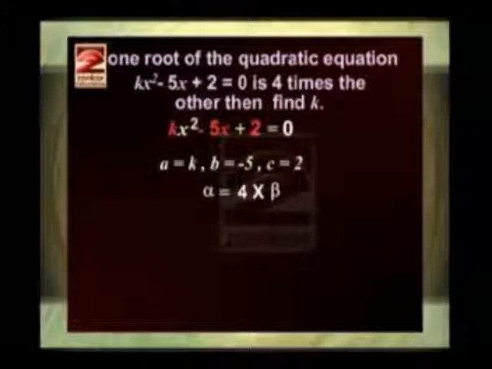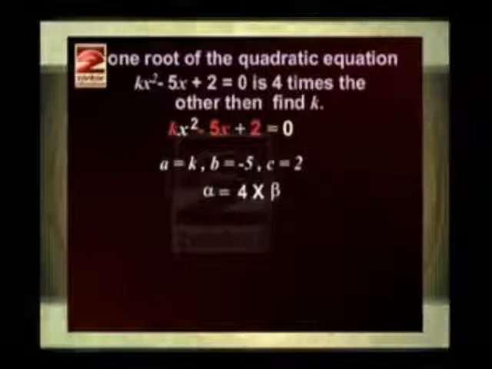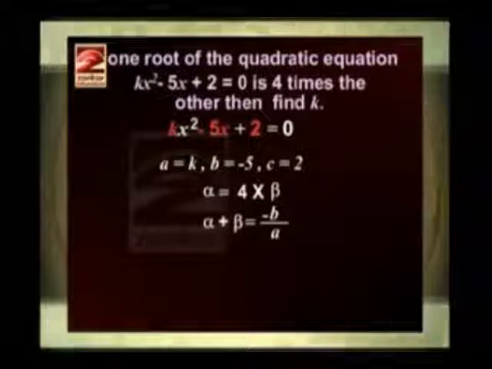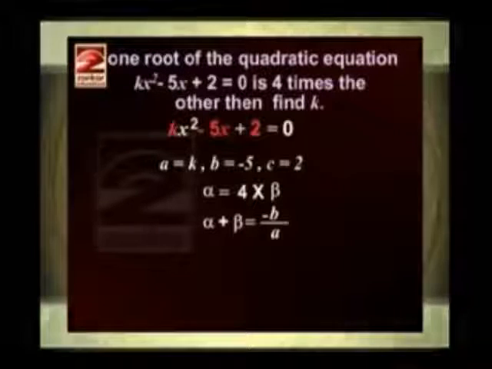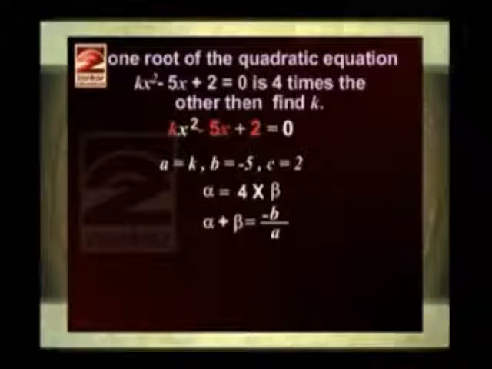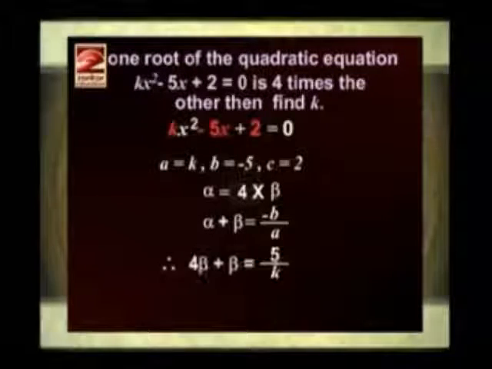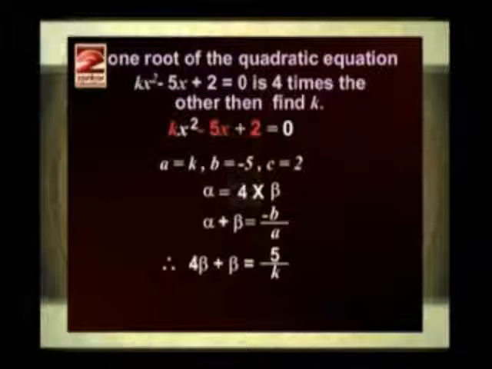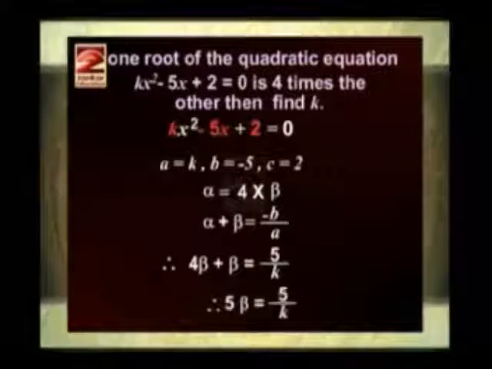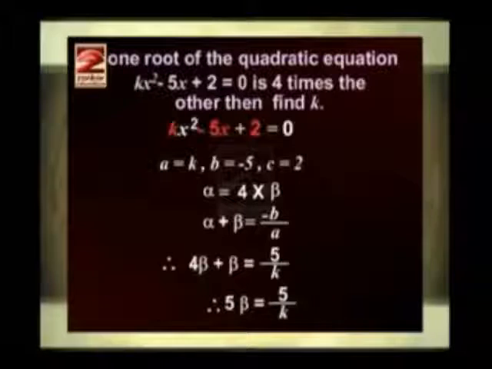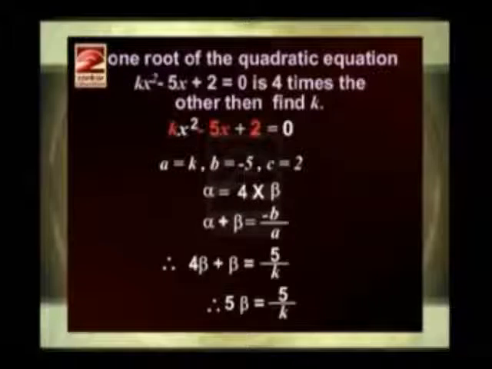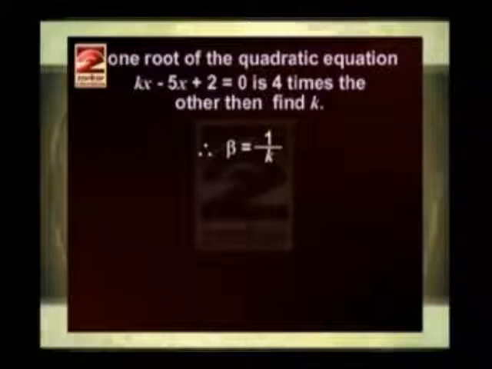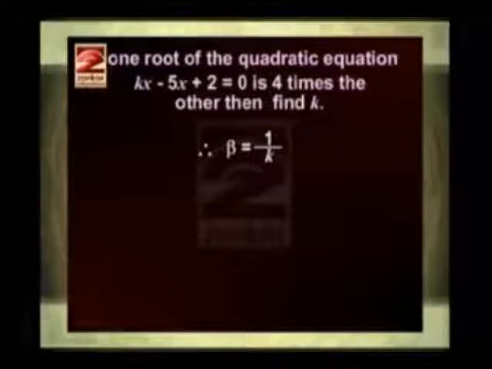Now alpha is equal to 4 into beta and alpha plus beta is equal to minus b upon a. Therefore, 4 beta plus beta is equal to 5 upon k. Therefore, 5 beta is equal to 5 upon k. Therefore, beta is equal to 1 upon k.